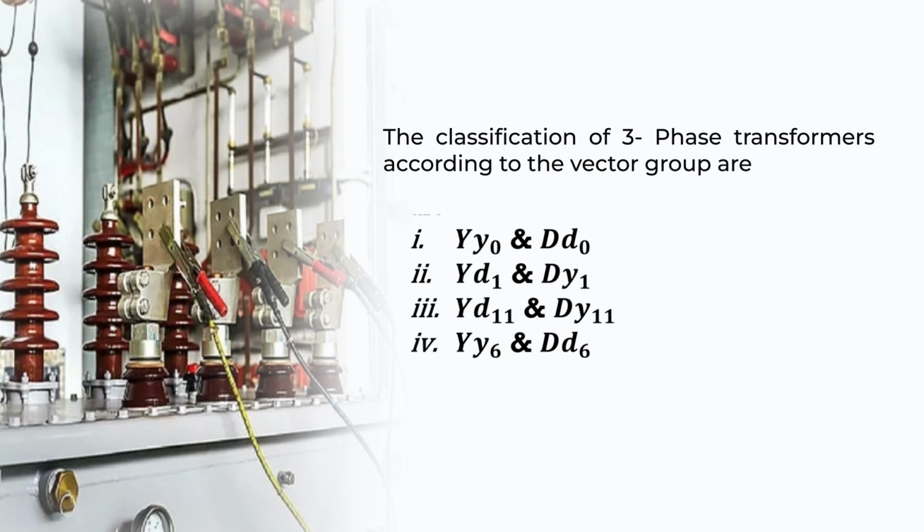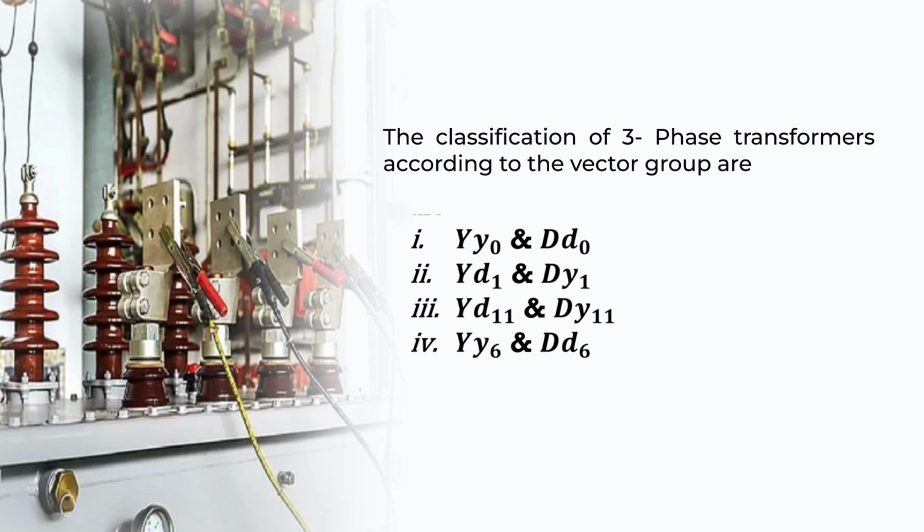Similarly YD11, where the low voltage winding is lagging the high voltage phase winding by 30 degrees, and the last one is YY6, where the low voltage winding is lagging the high voltage winding by 180 degrees.